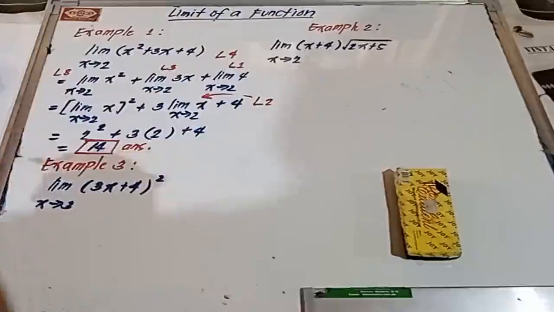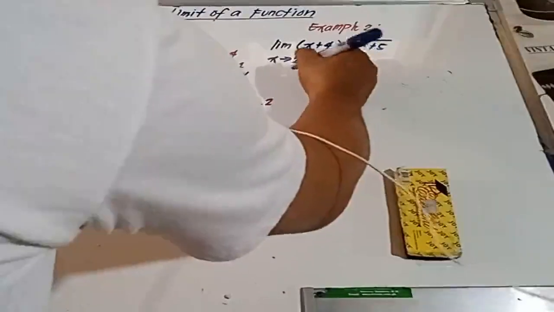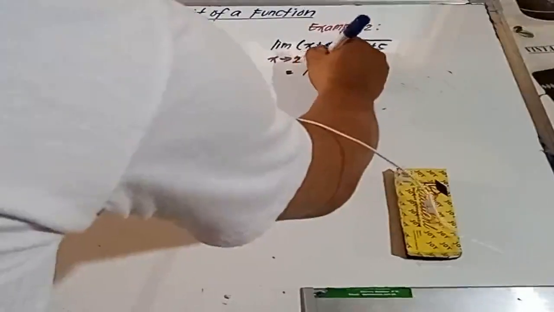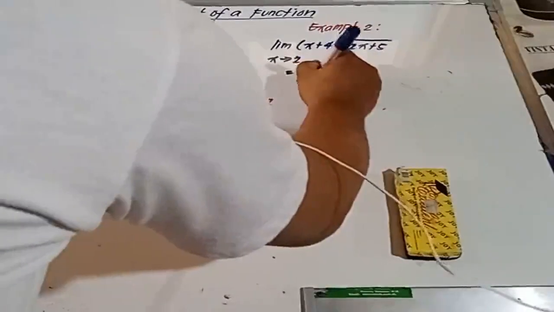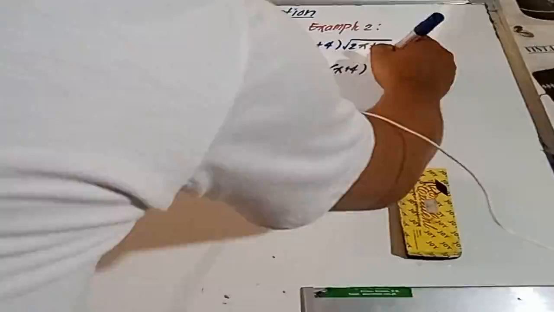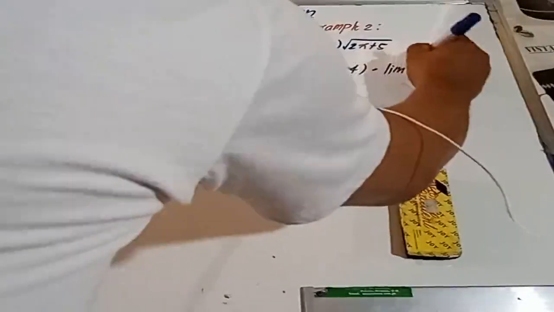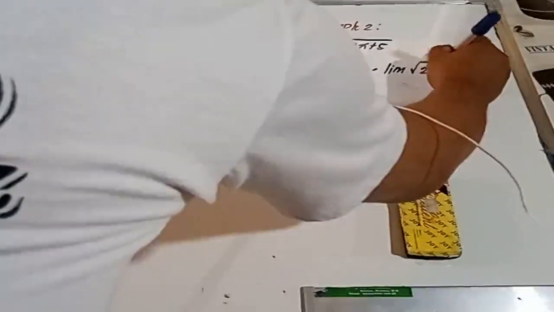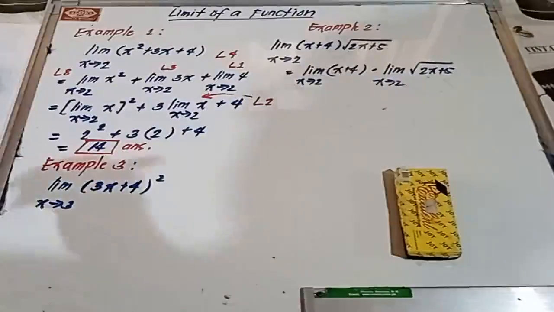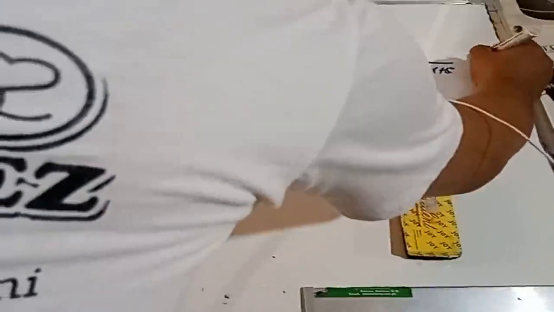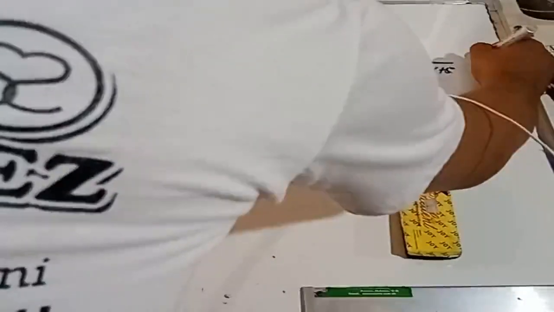Product. Okay? So, gagamitin natin dito limit number 5. So, we have equal to the limit of x plus 4 as x approaches 2, times the limit of the radical 2x plus 5 as x approaches 2. So I have used limit number 5, which is the limit of the products.